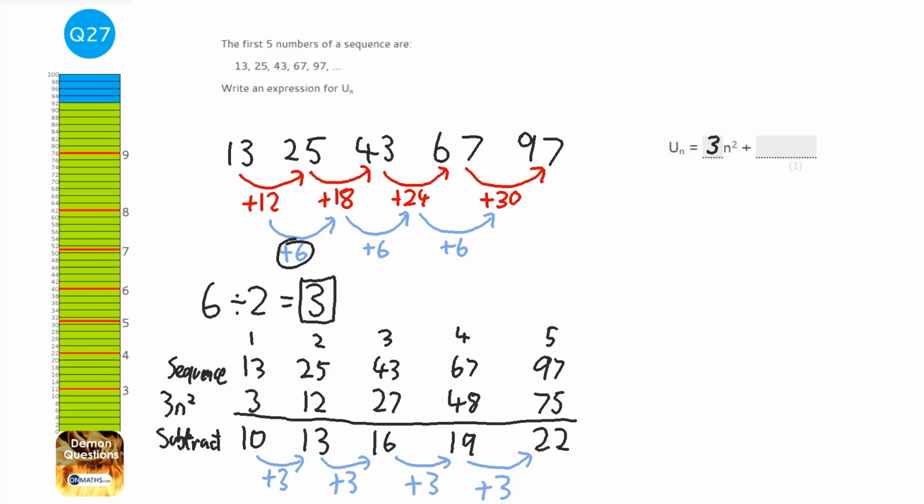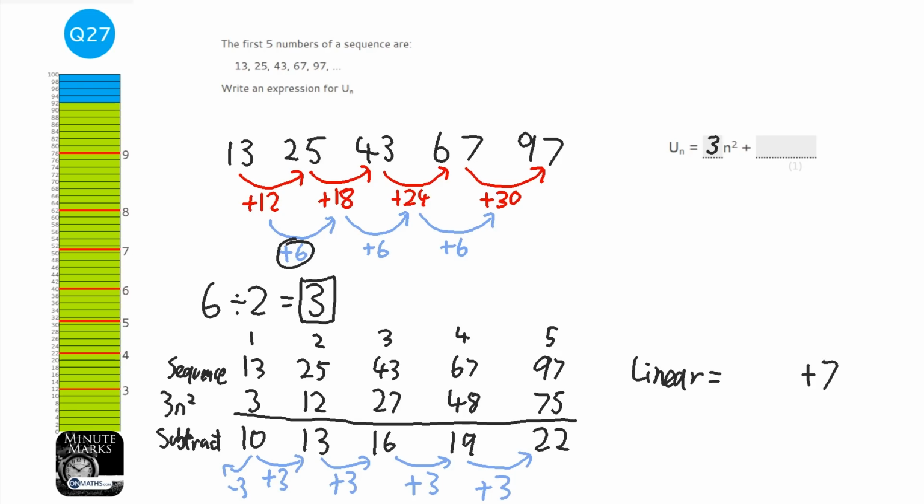Now we've got to find the nth term of it. So to do that, we find the 0th term. So we go back 1, we subtract 3. And that tells me, so I'll say linear, that's going to be a 7. So we know we're going to add 7.